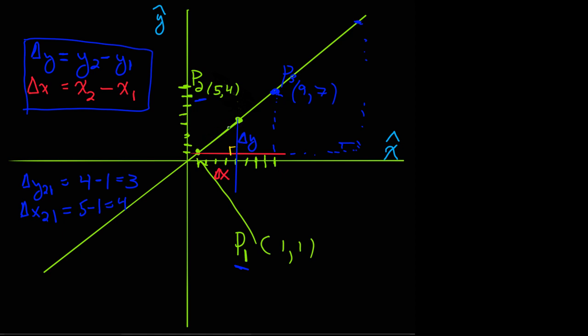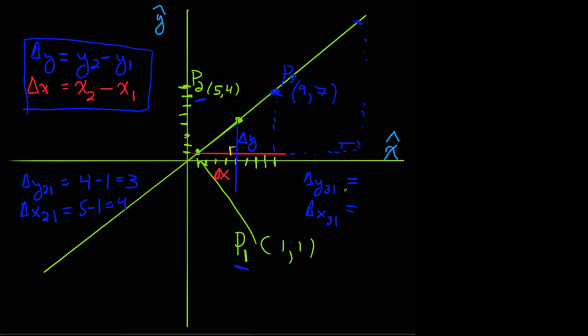Well, what if I didn't have this point and I was looking at point 3? So I'm going to look at the change in y between points 3 and 1, and the change in x between points 3 and 1. So we're talking about how far I move in the x direction between point 1 and point 3.